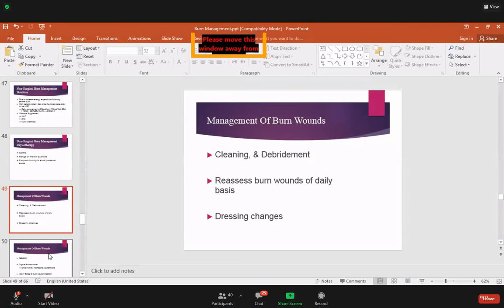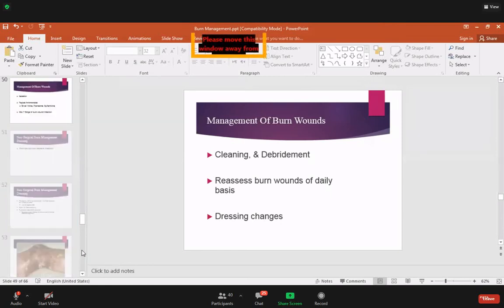If we see that the epidermis is going to develop and there is hyperemia in that burn tissue region, we can go for earlier skin grafting. Dressing changes are also very important, and the reason we cover the patient is to protect them from external contamination of the wounds.